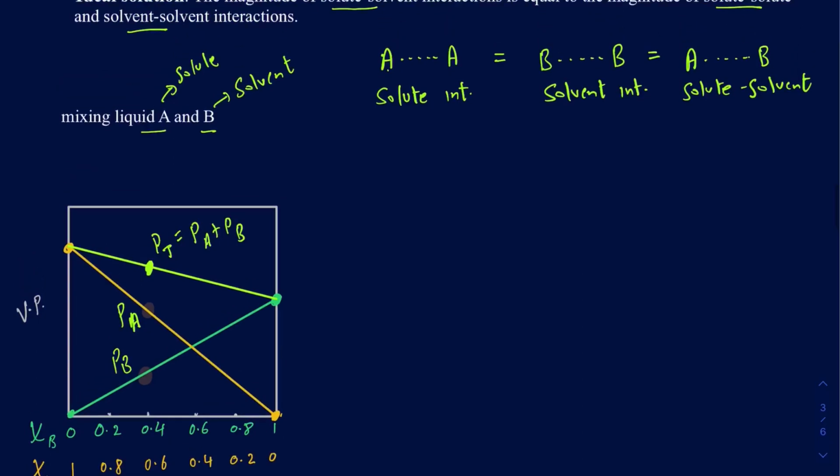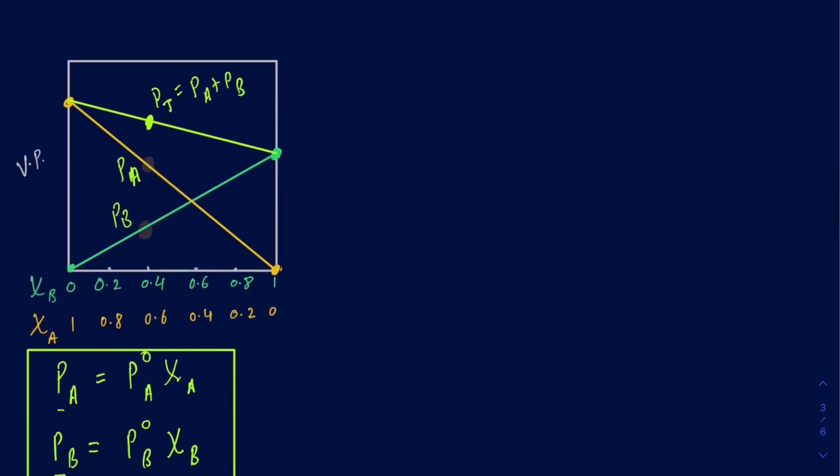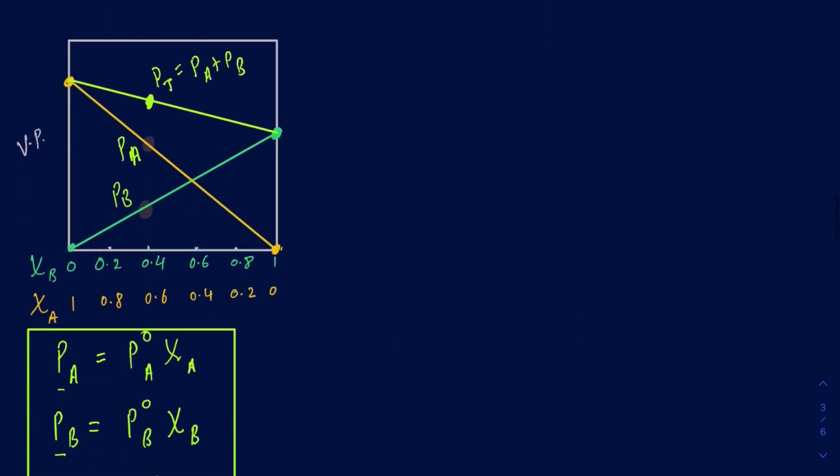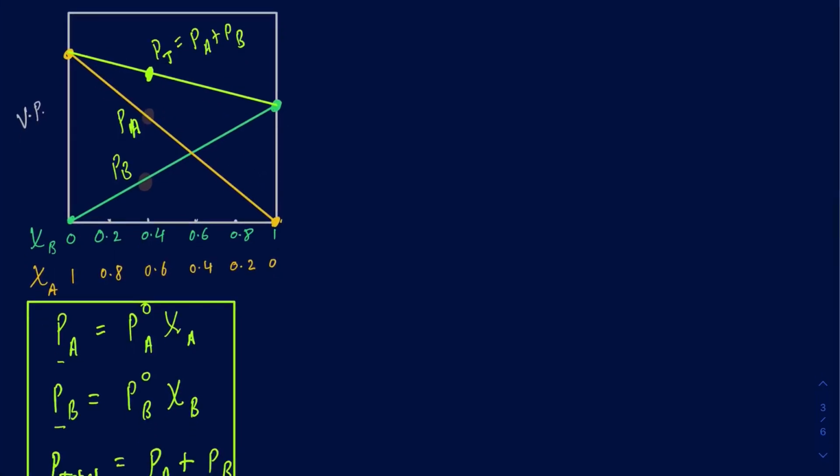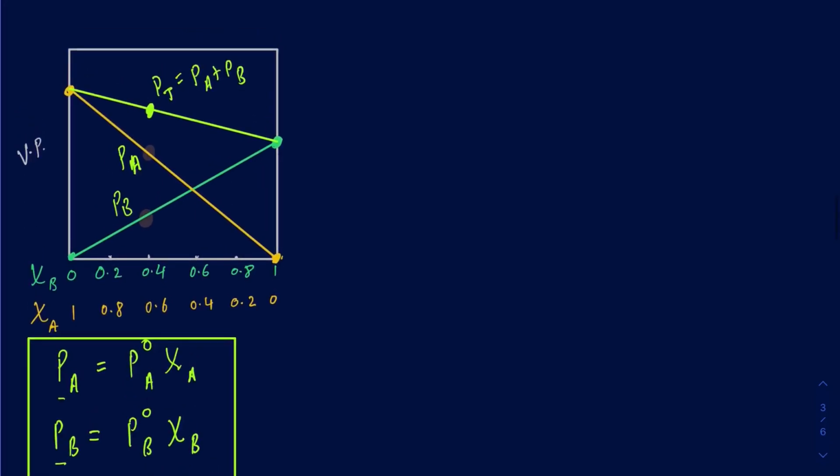What that means is your solute-solute interactions, your solvent-solvent interactions, and your solute-solvent interactions are equal to one another in terms of magnitude. But what happens when they're not equal? That's usually going to be the case for the most part. Your formulas don't really change, how you calculate PA, PB, and P total doesn't change, but it's just the deviation from Raoult's law, how that's going to work out.